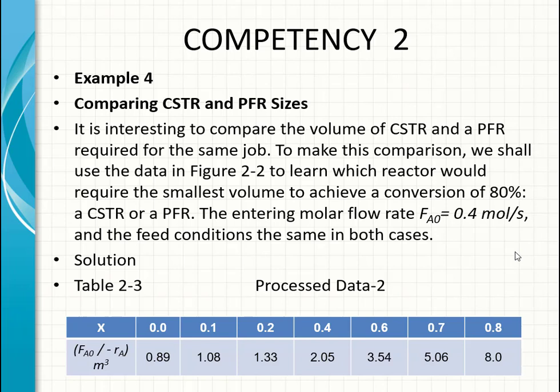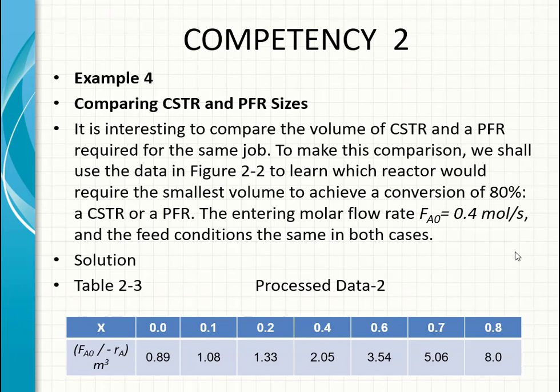The entering molar flow rate FA0 is equal to 0.4 moles per second, and the feed conditions are the same in both cases. Solution. Let's use table 2.3 that we used in problems number 1, 2, and 3.